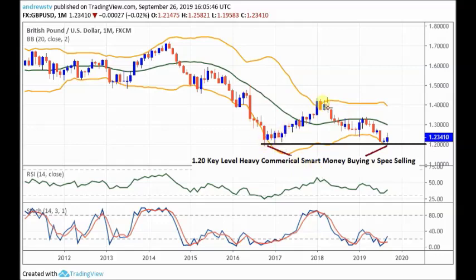We move up to 140. The group's doing exactly the same here. They started a few weeks ago. They're very opposed. Commercials not dropping their big long position and specs not dropping their big short position. So I see downside as really limited from here and the possibility of spec stops getting run.